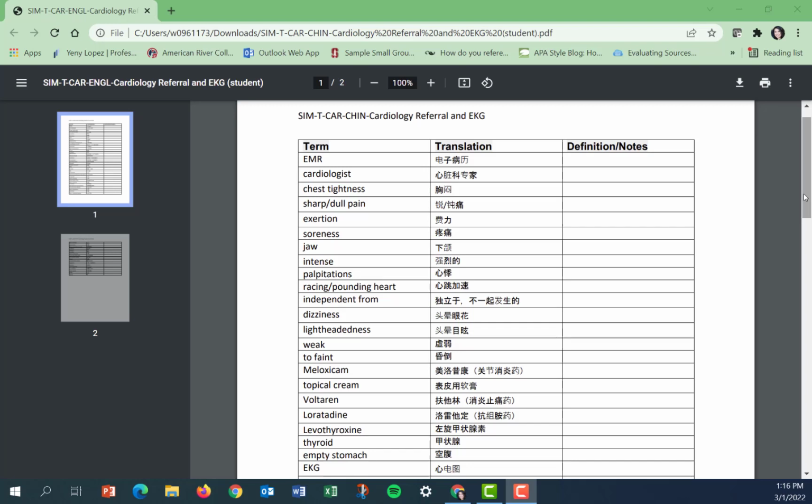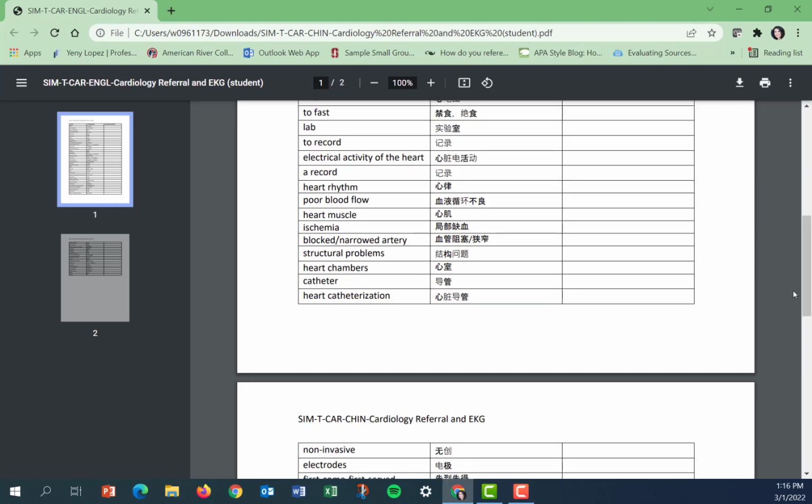Come to the lab for your blood test. This test will record the activity of your heart. Electrical activity of the heart. An EKG gives us a record of the activity of your heart.